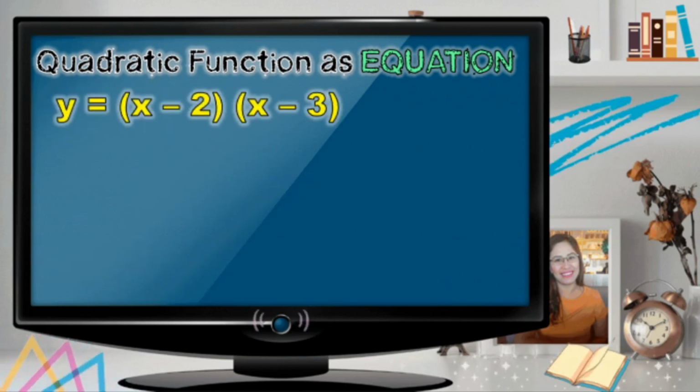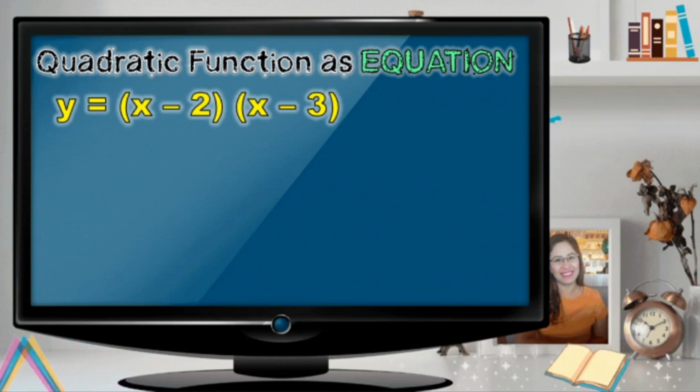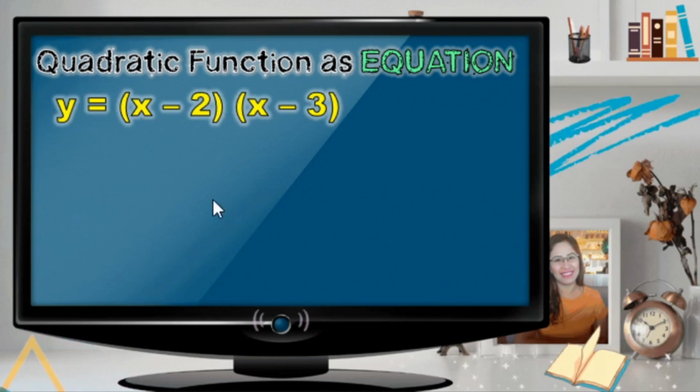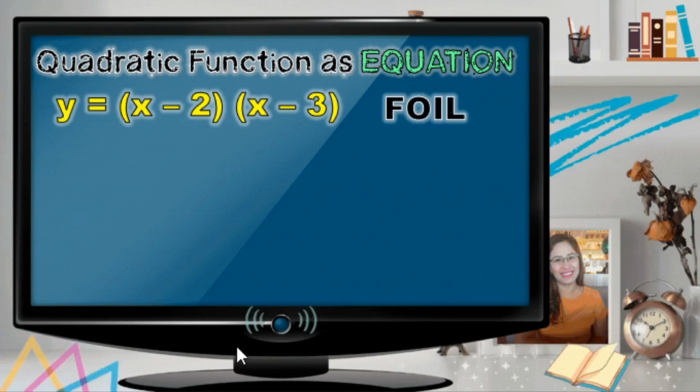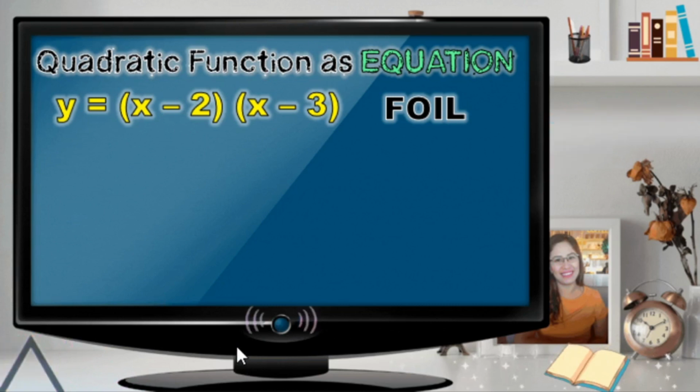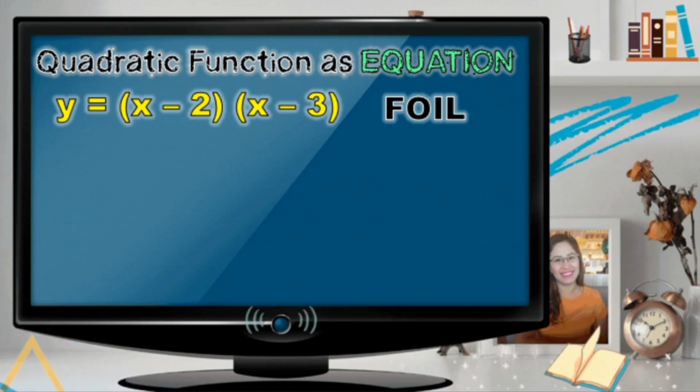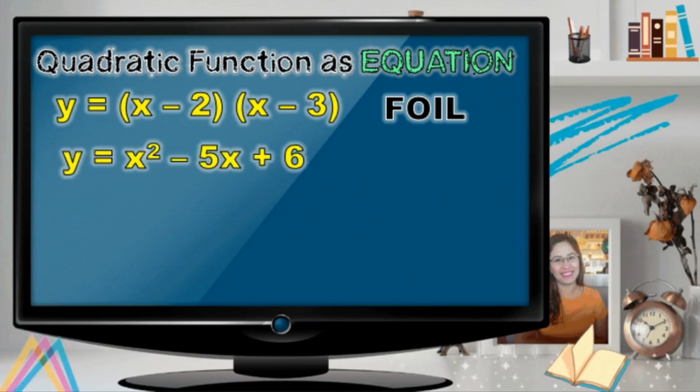Here are quadratic functions that at first glance do not look like quadratic functions. But if you do the FOIL method, or the special products, y is equal to x minus 2 times x minus 3 becomes y is equal to x squared minus 5x plus 6.